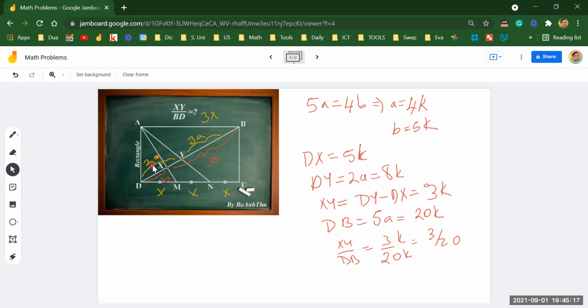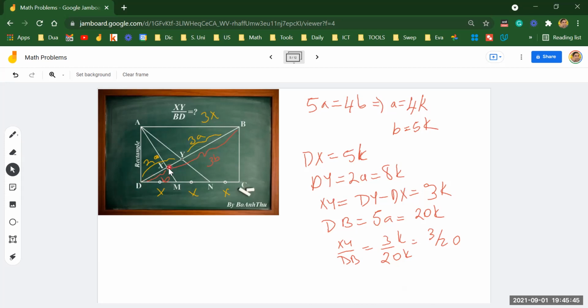As you see, there are two different types of labeling. One is 5A, another is 4B, but both of them are DB. So if 5A equals 4B, we can take A as 4K, B as 5K. So 5 times 4K is 20K, 4 times 5K is 20K. So A is 4K, B is 5K.